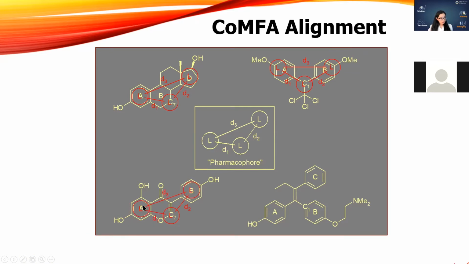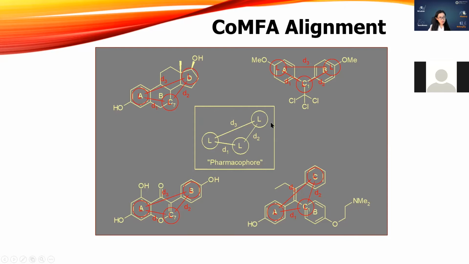So they find the similarities among them. And then they will designate this as the size and type of pharmacophoric keys. And then they superpose the triangles together.